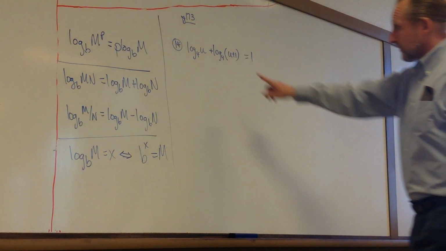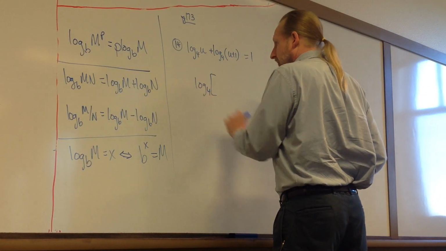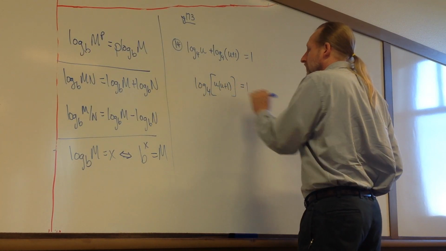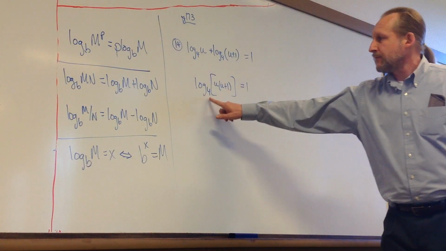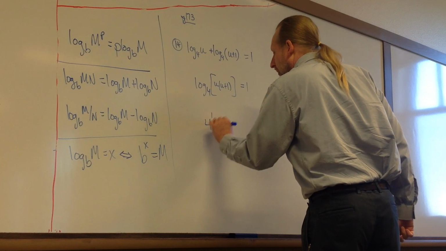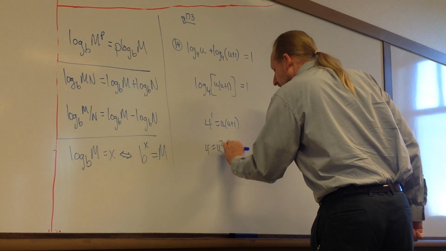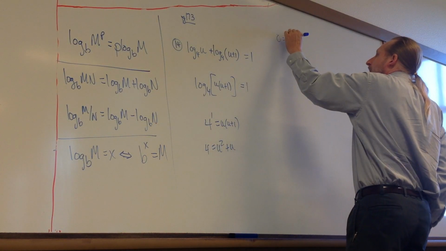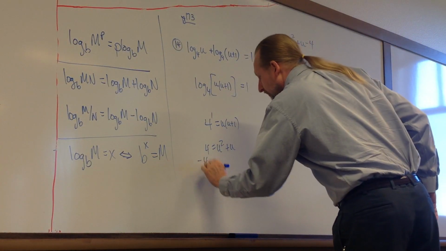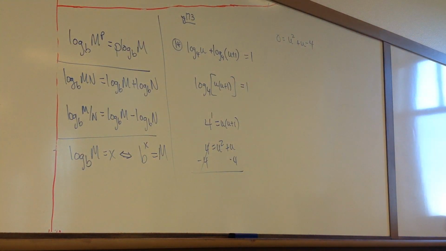Okay, so this is the sum of two logarithms, so we'll rewrite it as log to the base 4 of u times u plus 1 equals 1. Now we'll say 4 to the first power must equal u times u plus 1. So 4 is u squared plus u. And so then we'll move the 4 over there. So 0 is going to be u squared plus u minus 4.